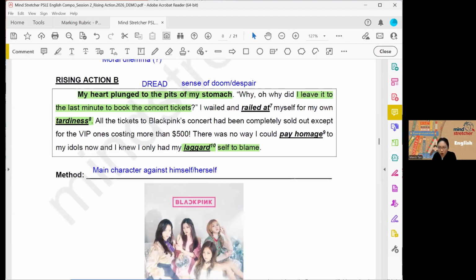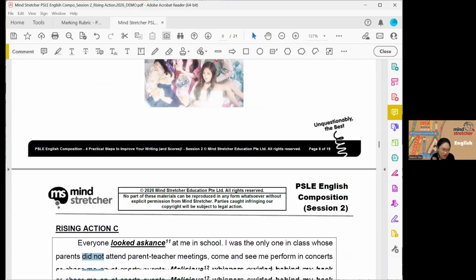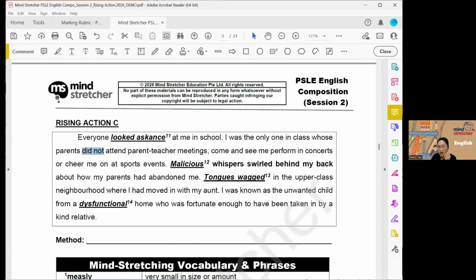That means they just go on and on like a ghost behind you. Is it a hyperbole? I don't think it is. It is an imagery, something that shows movement, that these whispers are just following you quietly, constantly. Okay? So whispers swirled behind my back about how my parents had abandoned me.